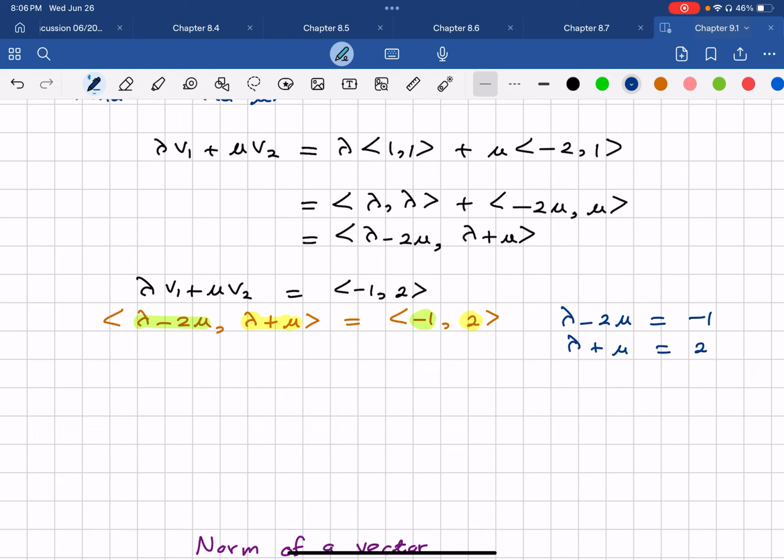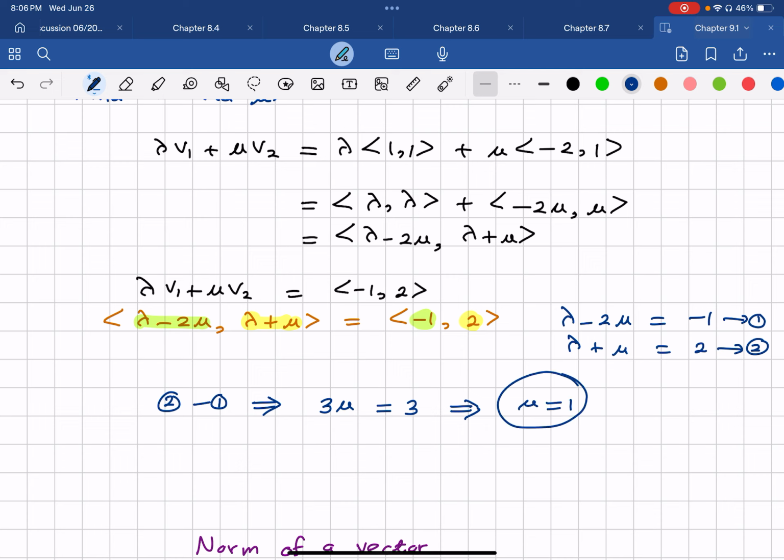Okay, now I have two equations that contain lambda and mu, so I can evaluate the values of lambda and mu. I would call this equation number 1, and this equation number 2. So if I subtract 1 from 2, I would get 3 mu is equal to 3, and this gives me mu equals 1.